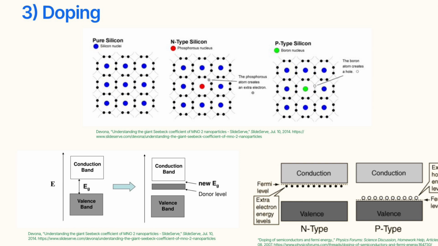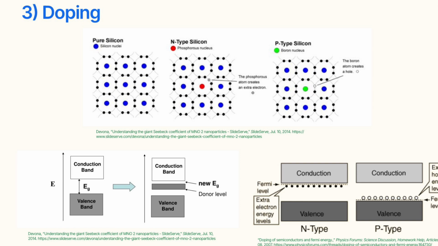Now, if you were to dope the silicon and have one of the atoms replaced with a phosphorus atom, then we would have an extra electron. Due to the full energy band, this extra electron would have to be moved up to the next energy band. Now, because it's in the next energy band up, it needs a relatively low amount of energy to move up to the next energy level compared to the large amount of energy it would have taken to jump the band gap.